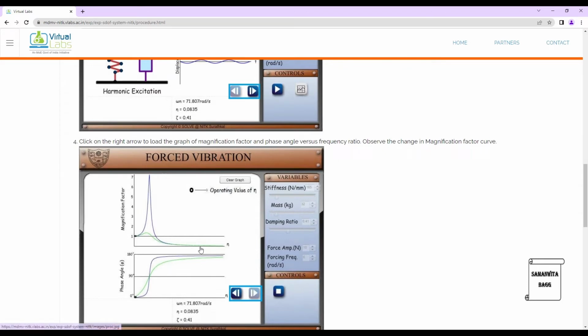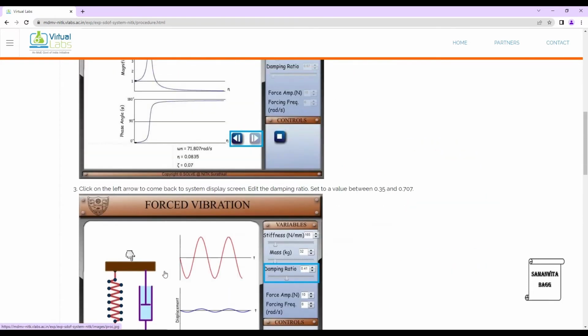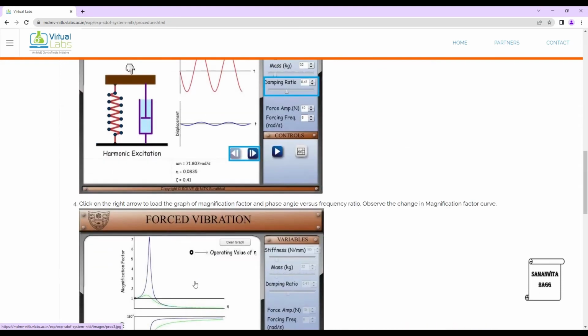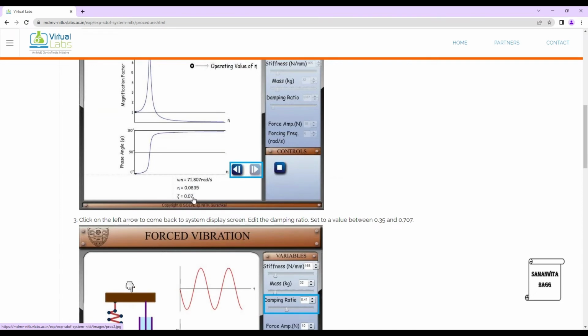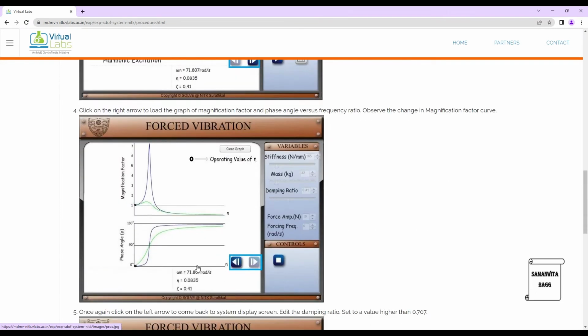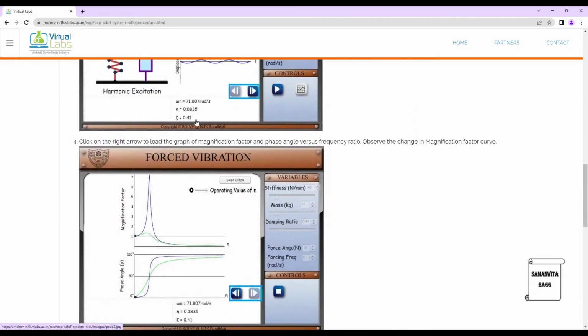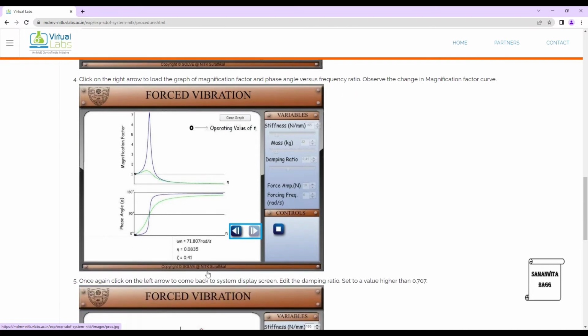So again, you can get another graph. Initially you got this blue graph. Now we are getting this kind of a graph. First the value of zeta was 0.07, which was very less. Now it is increased to 0.41. So you can see the magnification factor versus frequency ratio graph, and also the phase angle, this green color, with a change in zeta.